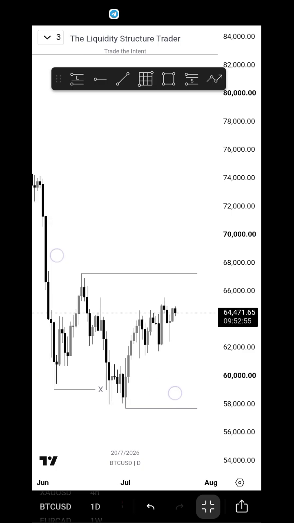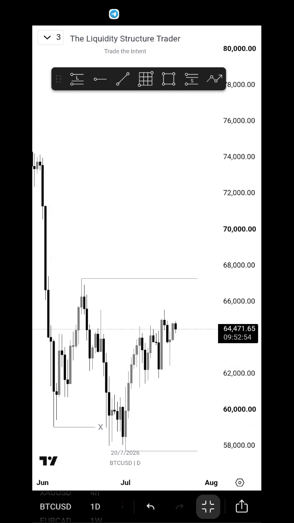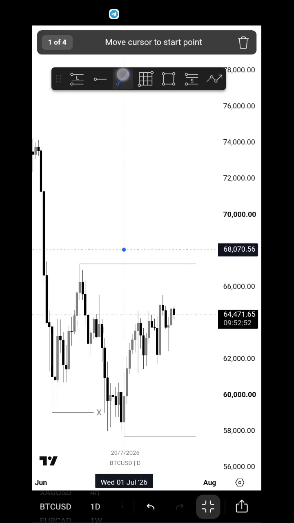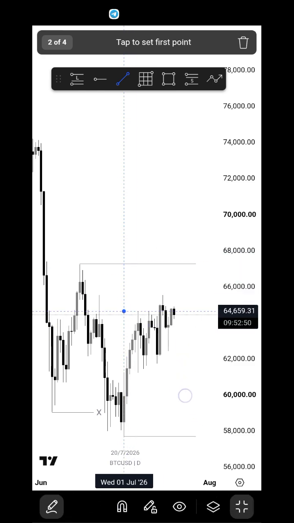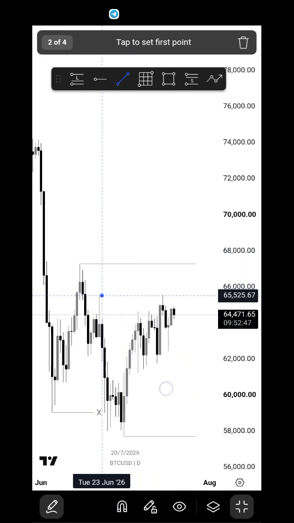On the daily time frame, we've seen a little bit of reaction, price rejecting this high, this order block, and let's see what happens.